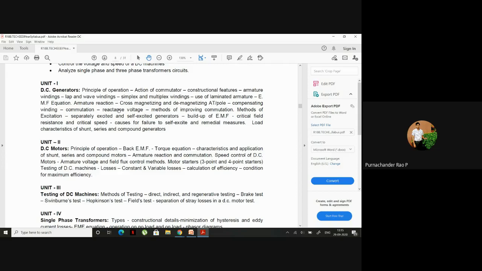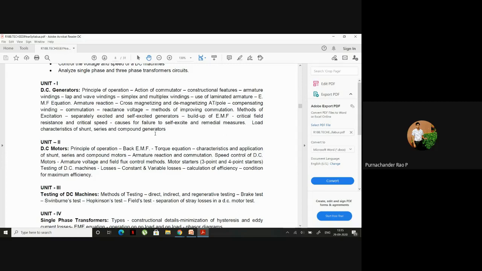And commutation we finished, methods of improving commutation, and excitation, separately excited and shunt excited generators. Now we have gone through the buildup of the voltage, critical field resistance and critical speed, the causes of failure of self-excited generators and their remedial measures, and also the last one, the load characteristics of shunt generators. Am I right? Yes, sir. Then the pending one is the characteristics of series and compound generators.